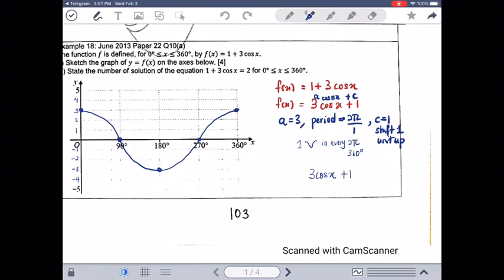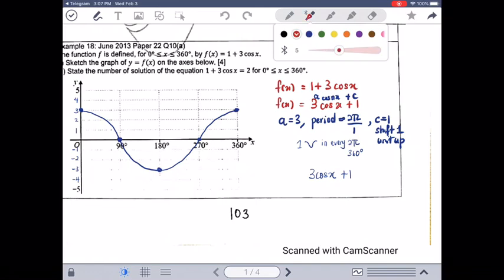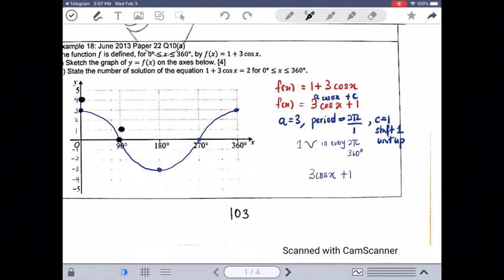Next, we need to shift 1 unit upwards. So that means 3 becomes 4, 0 becomes 1, negative 3 becomes negative 2, 0 becomes 1, 3 becomes 4. So our new graph looks something like this.